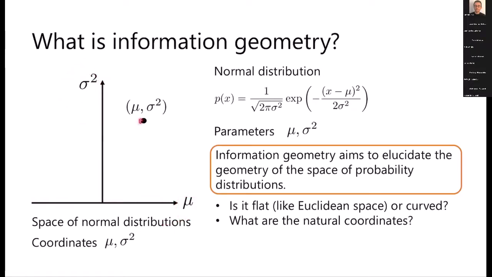Each point in this space represents a particular probability distribution with those parameters, and mu and sigma squared are the coordinates of this space.